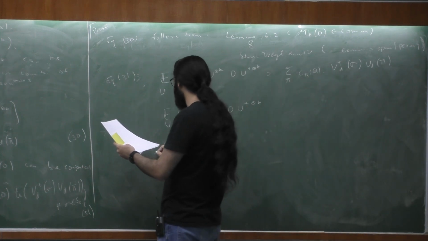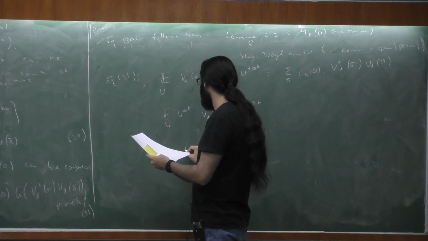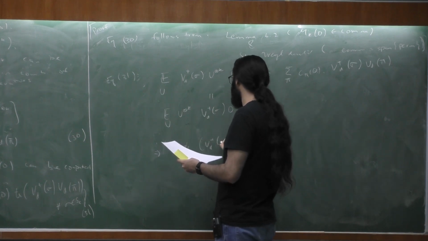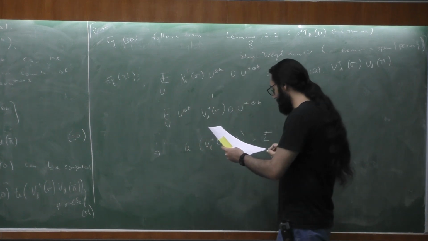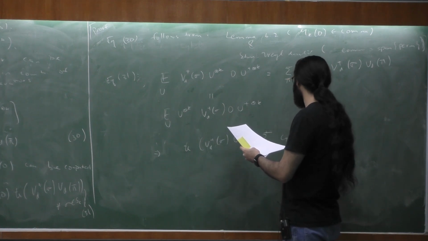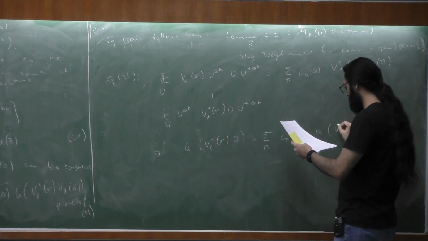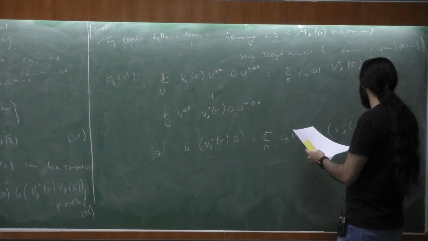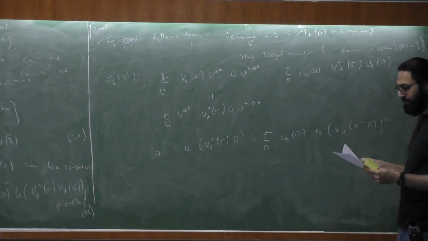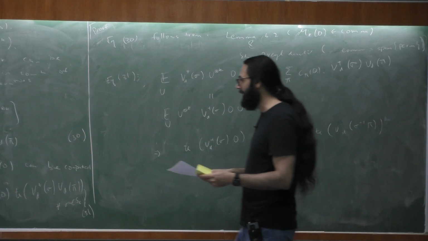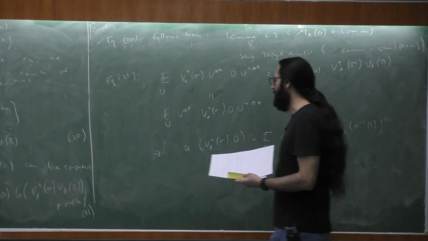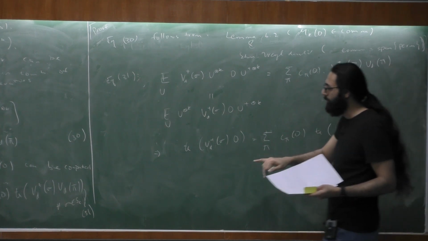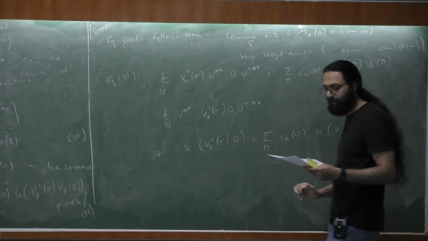Here you can now take the trace, and the U dagger will disappear, and you'll be left with the trace of V_d(sigma) O, which is the same as the sum of C_pi(O) times the trace of V_d dagger(sigma inverse pi). And the claim that there exists a solution just follows from Schur-Weil duality, that the space is spanned by permutations, so there has to be a solution. Otherwise, it doesn't make sense.